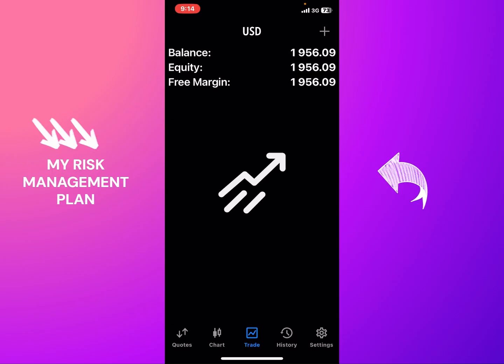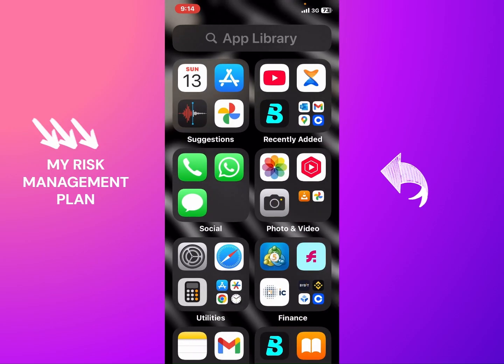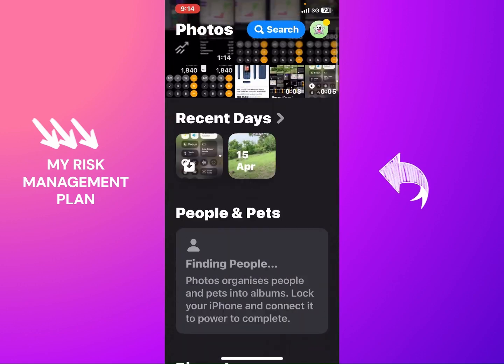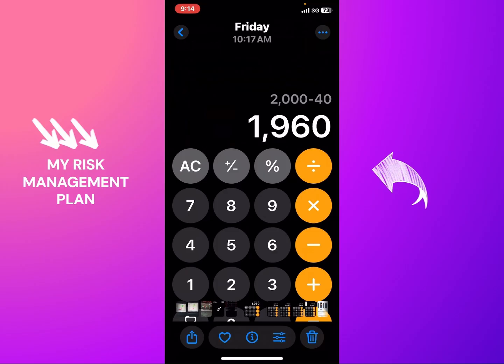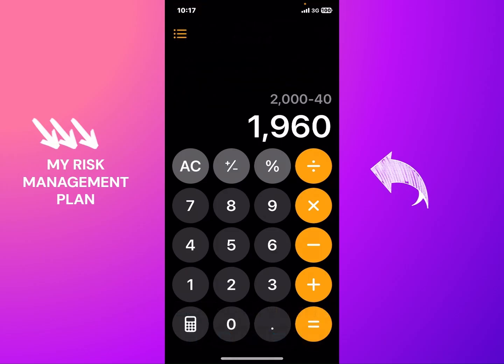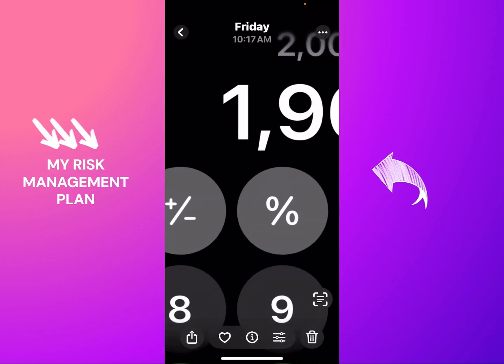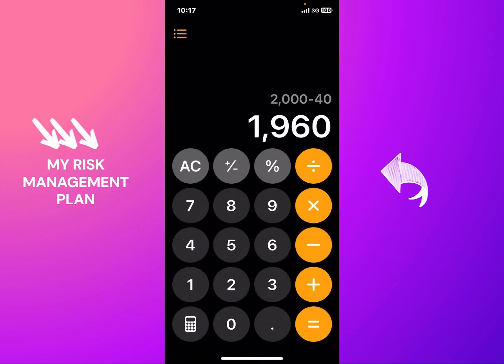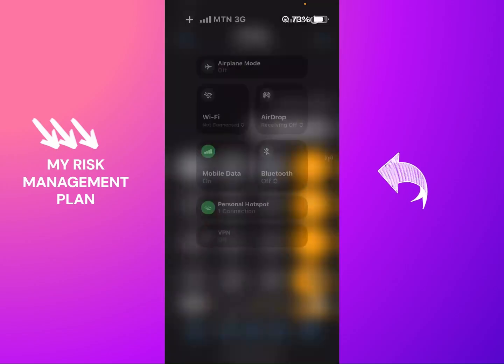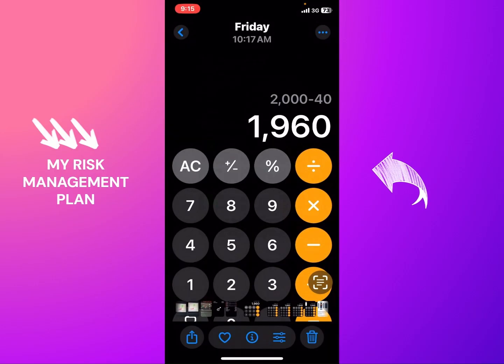So you realize that for this Maven 2K account, 8% is the maximum drawdown, which is $160. So what I do is that I've divided the $160 into 4 parts. You understand me? So it means that is 25% each. So if that is the case, then let me show you something here quickly.